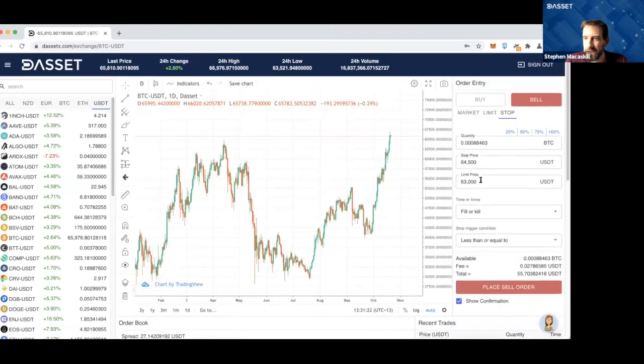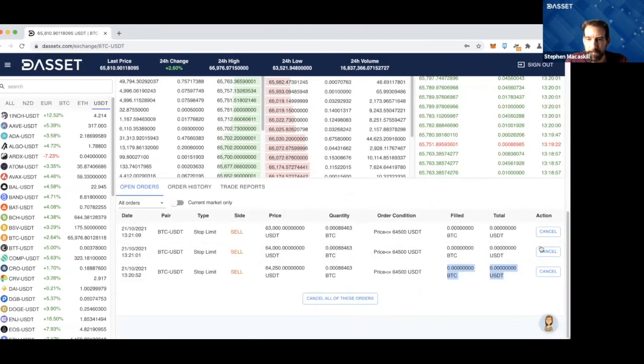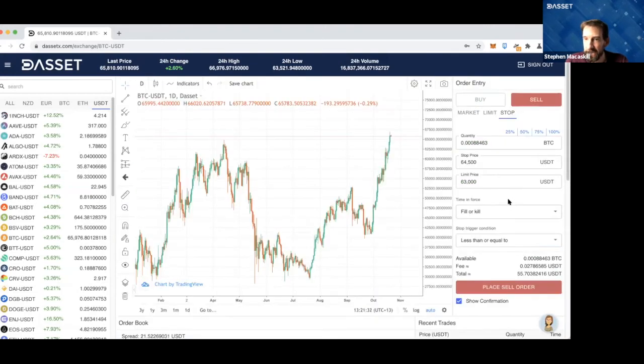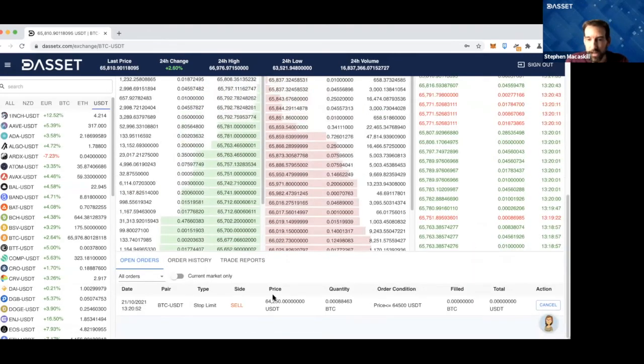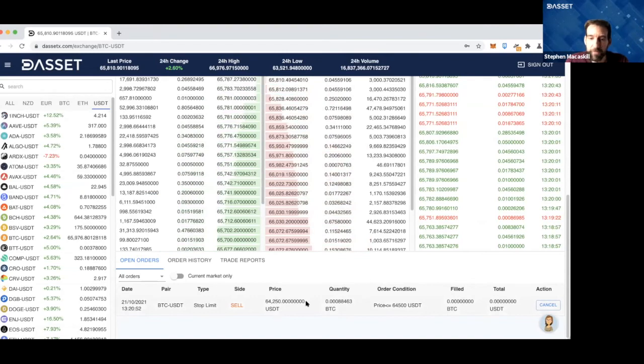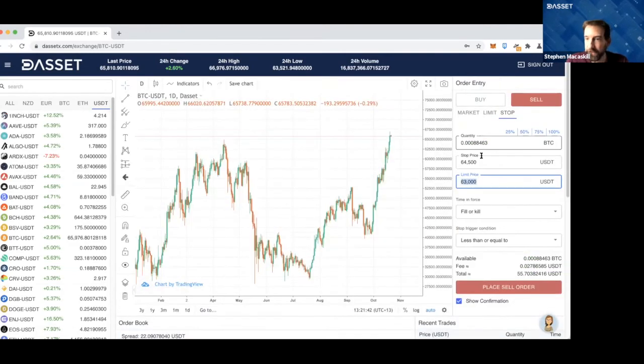Actually, I might tweak it a little bit more. Let's make it a little bit more complicated. Initially, if it drops below 64,500, it will submit a fill or kill order at 64,250.